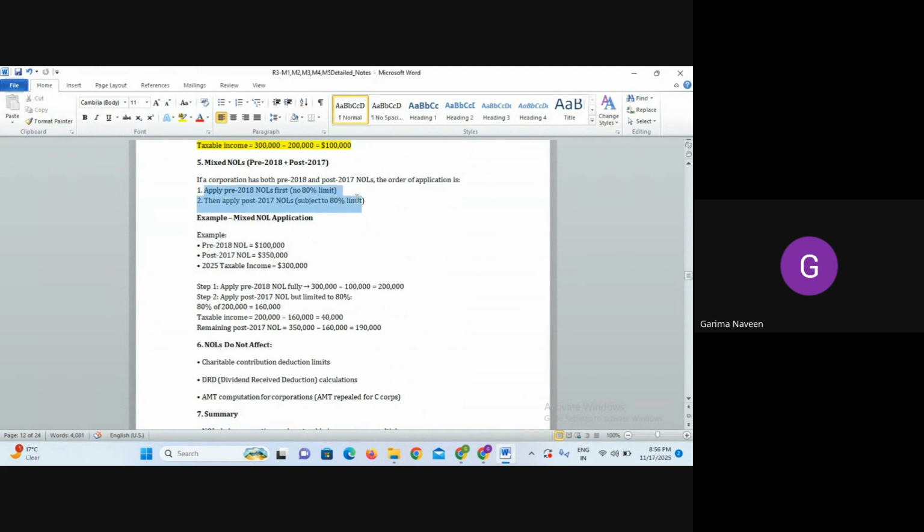This is the order if you have both pre-2018 and post-2017 losses.